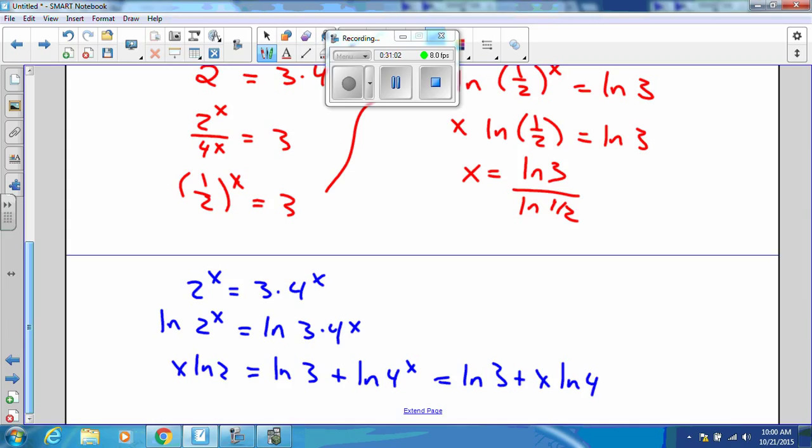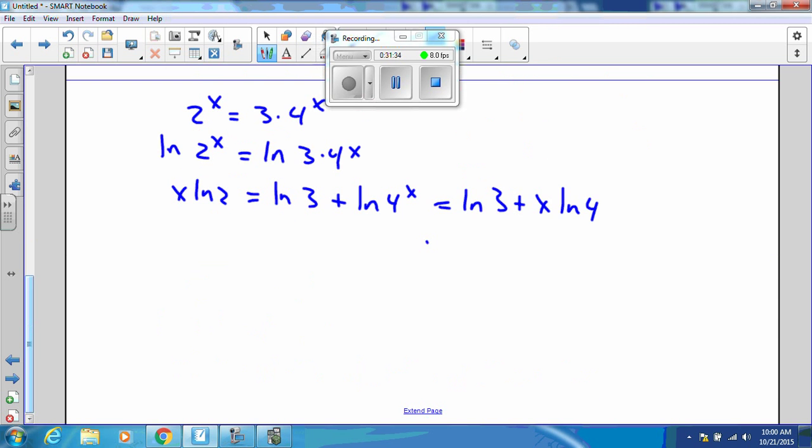And now what has happened is that my log properties have reduced an equation that was multiplication and exponentiation into an equation that is multiplication and addition. In other words, if you think about repeated operations as being levels, repeated addition is multiplication, repeated multiplication is exponentiation, the logs take all of those down one level and make it possible to solve.